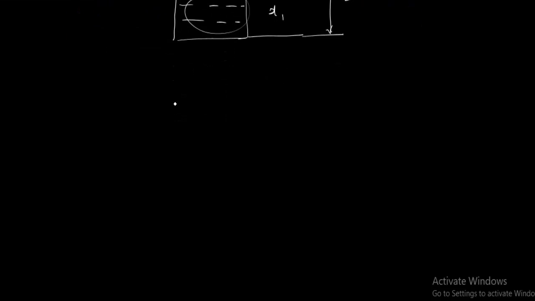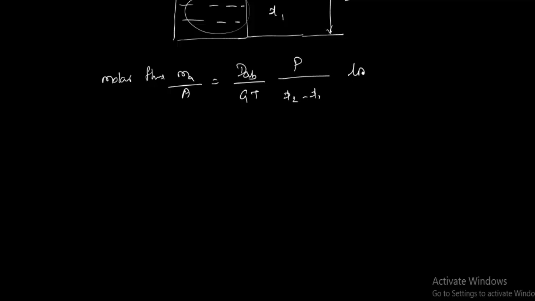So from Fick's law we can find the equation for this. Molar flux MA divided by area is equal to DAB divided by GT into P divided by x2 minus x1 into ln of PA2 divided by PA1, right? This formula is also available in the data book itself.